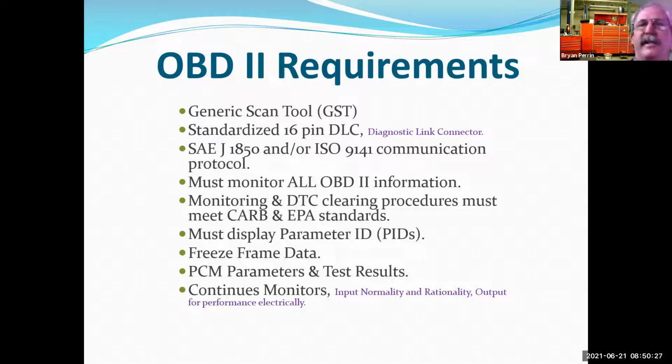Because I'm not seeing that voltage potential there. So therefore, that would be an open circuit. I can set a code for that. On the other hand, if I ground it and I still have power there, that would also be a problem. That would be a sign of what? The transistor inside my computer is bad. So by monitoring the voltage on that output line, now I can set codes for high or low voltage on that signal wire based on the condition of the circuit as controlled by the computer.